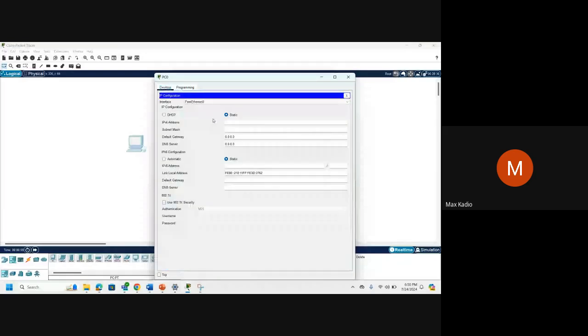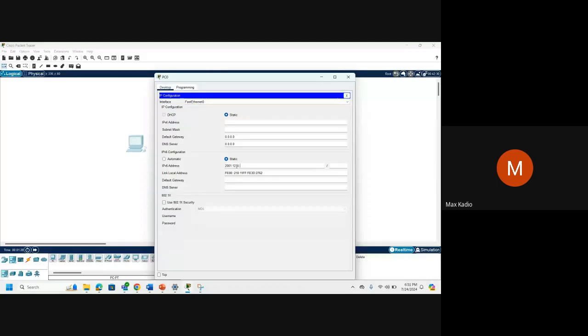Then here you have static, it means myself, I can assign, or dynamic, it will get the IP from a server. On top is for IPv4. Down here you see IPv6. The link local is displayed already.